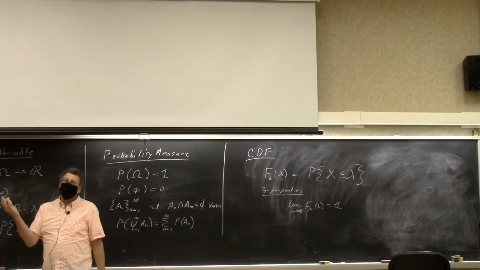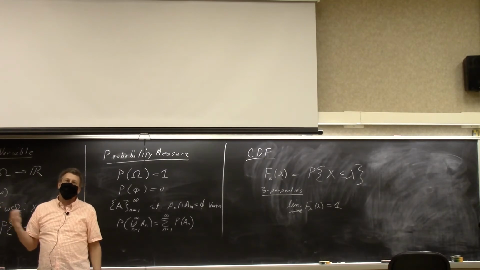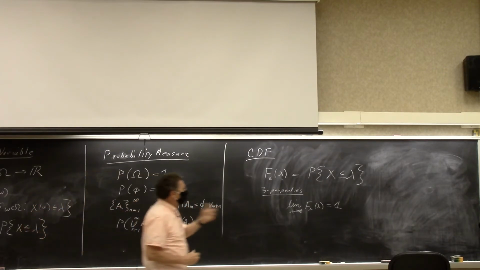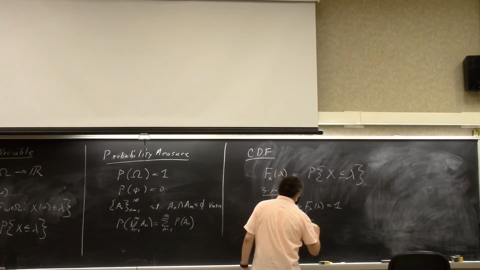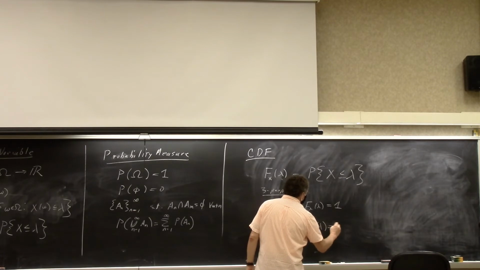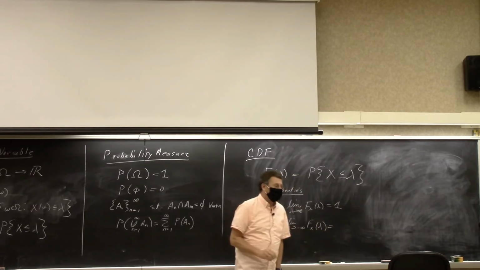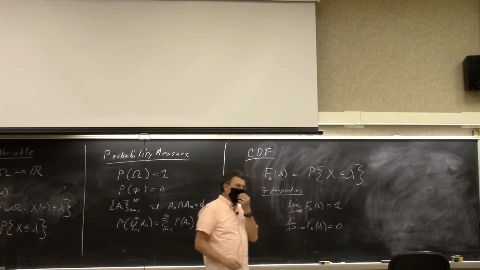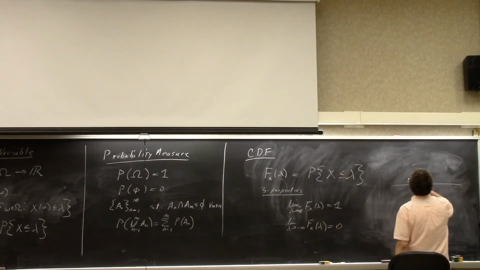You can include infinity and minus infinity in the output by making new symbols, but we're not doing that, so this has to be true. And then the limit as lambda goes to minus infinity of F_X of lambda is equal to what? 0, right?